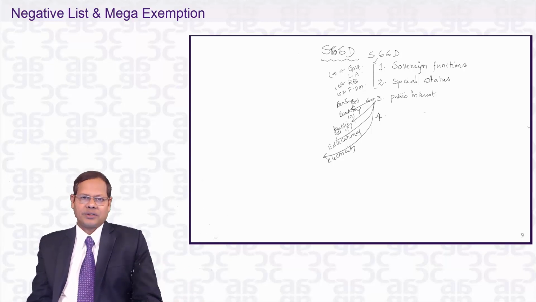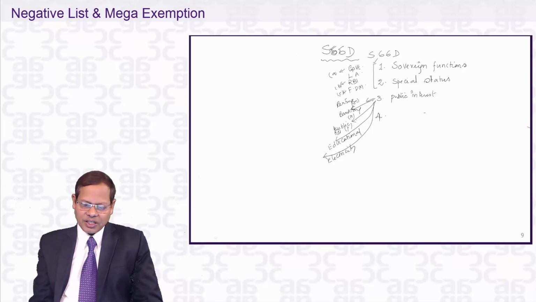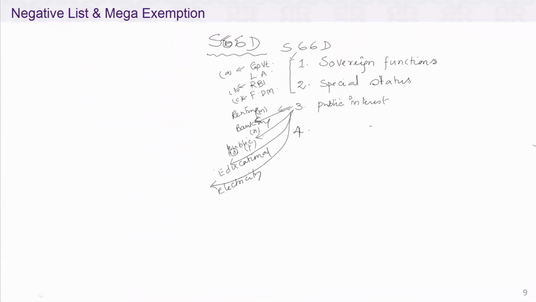Generation is a manufacturing activity, and distribution or transmission is an activity worth called service, but government does not want to collect any service tax on that. So electricity and education, these are also in the name of public interest.